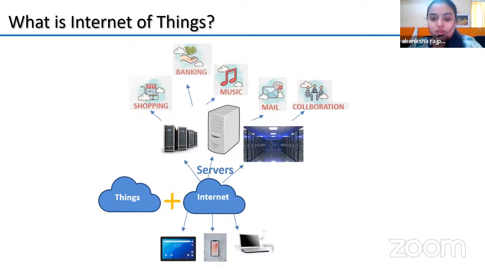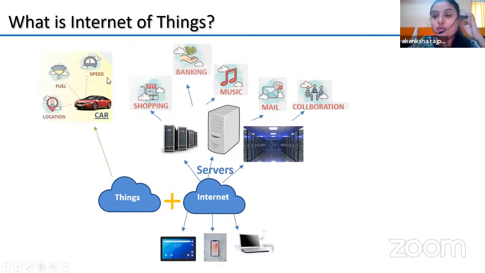Let's suppose you want to check the real-time data in your car. The car is a mechanical plus electronic kind of device. In real time, you can check the speed, the location, and your fuel.